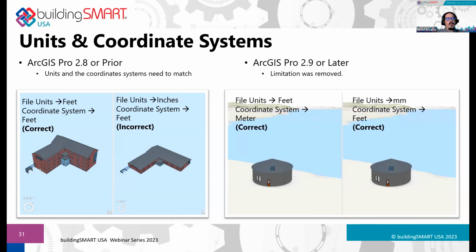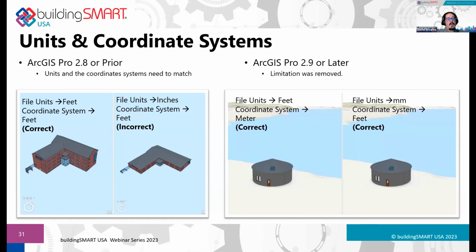Because the units were mixed, sometimes your building or infrastructure would shrink or elongate. But in Pro 2.9 and later, that limitation is not present anymore. Now you can have a mix. If your file units are in millimeters, you can have a projection in feet or meters, and vice versa.